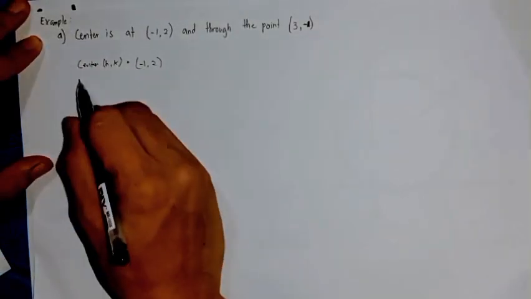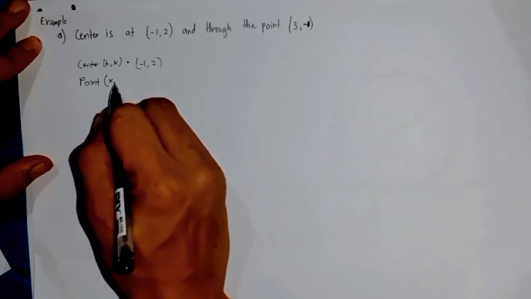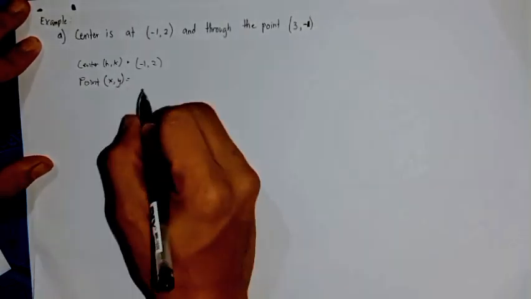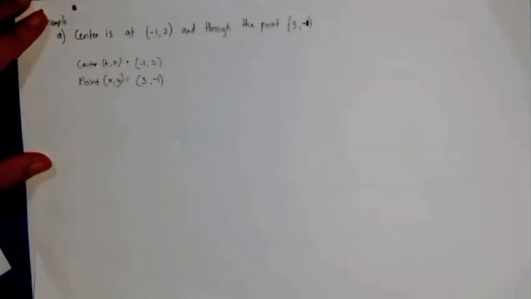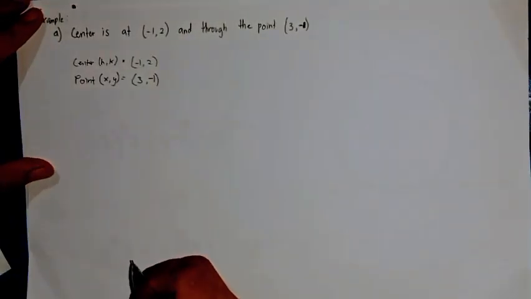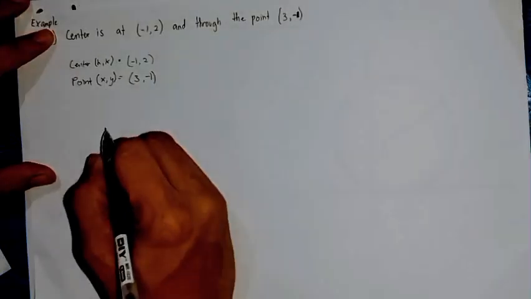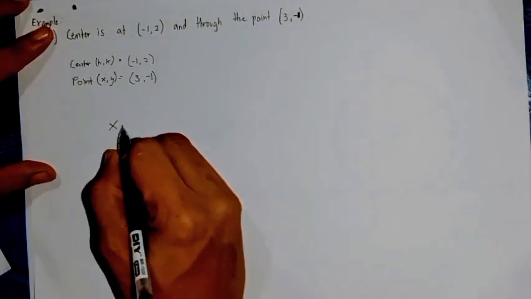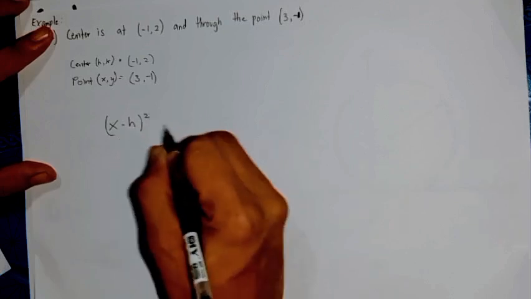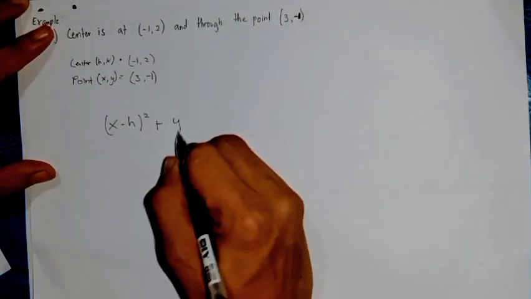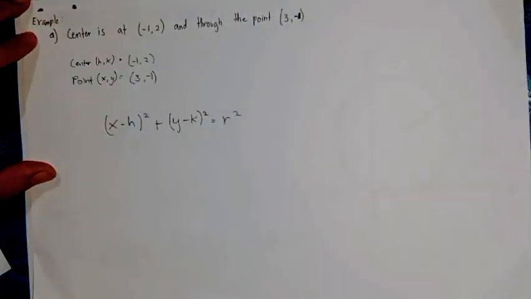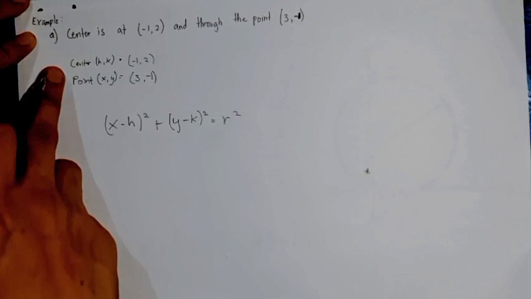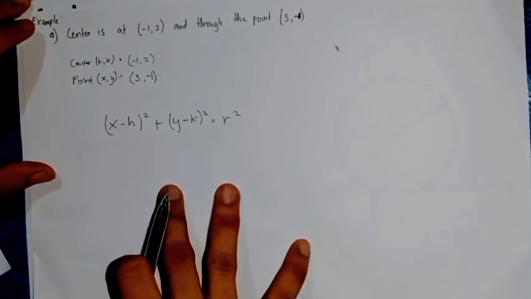Our point, x and y, is 3 and -1. Remember that the standard equation of a circle is x minus h squared plus y minus k squared is equal to r squared. Since we have the center and the point, all we need to do is substitute.